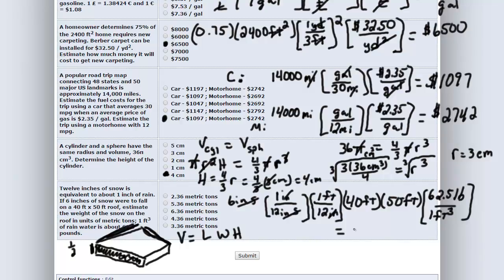So 5208 pounds. And I should have looked a little bit more carefully, because they didn't want it in pounds, they wanted it in metric tons. Well, there are 2.2 pounds per kilogram, and there are 1,000 kilograms in 1 metric ton.